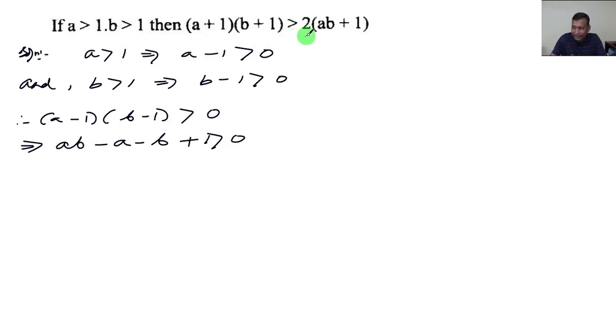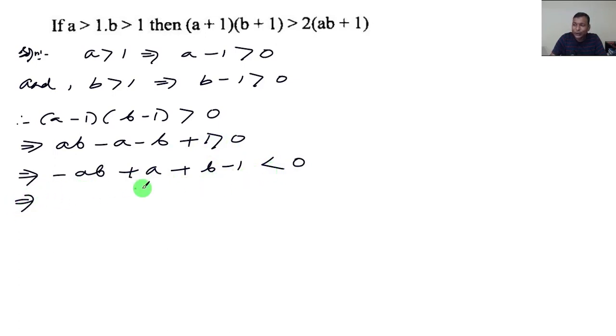I want plus a, but here it is minus a, so I will multiply by minus: minus ab plus a plus b minus 1 is less than or equal to 0. On multiplication by negative numbers, the sign of inequality gets changed.